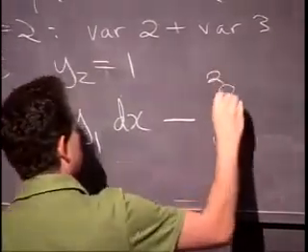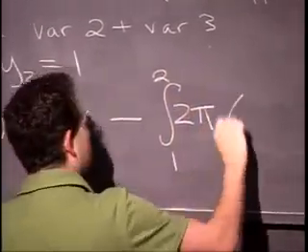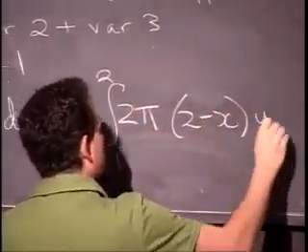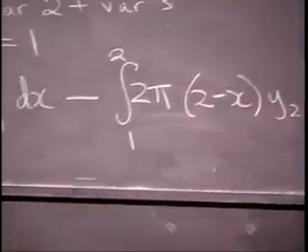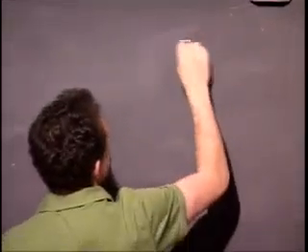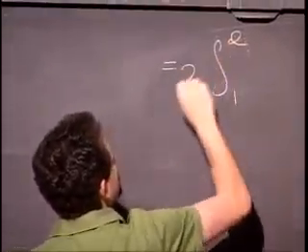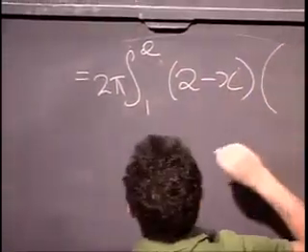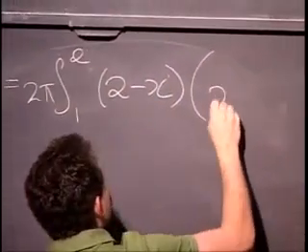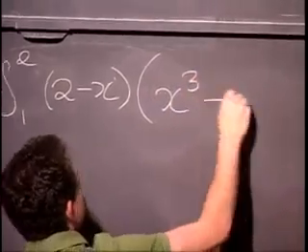I'll just put them both here, 2 pi, 2 minus x, y2. And you might notice we could factor this all out to be y1 minus y2 anyway. So let's do that. It's 2 pi, integral 2 minus x. The top curve is y equals x cubed, and the bottom curve is 1.